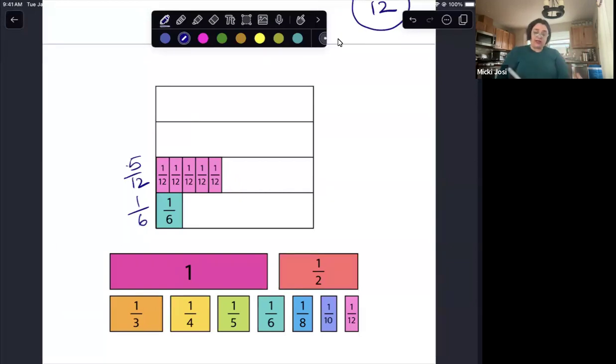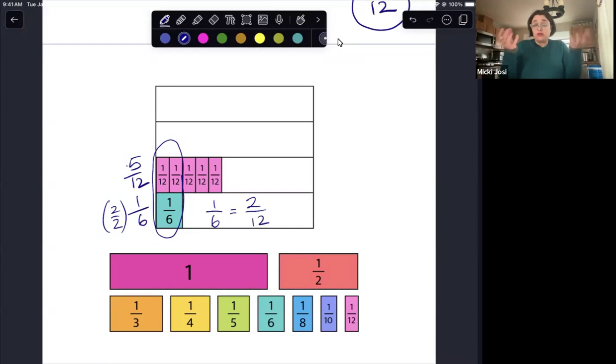And purposely, I'm lining up the 1/6 with 2/12. And so we can see that equivalency. If I multiply by 2 over 2, I'm going to get 1/6 is the same thing as 2/12. And the idea behind the fraction strips is then we can actually really see it.